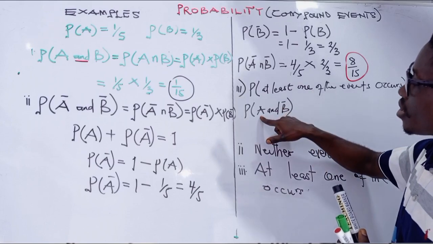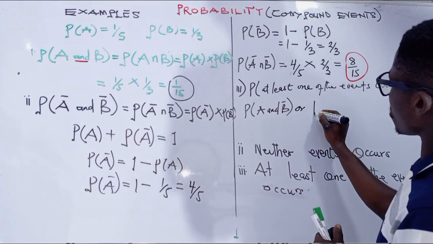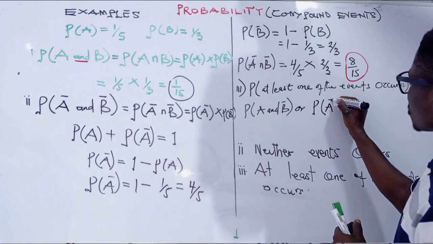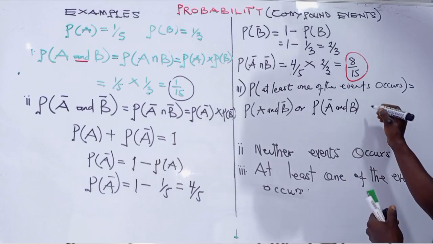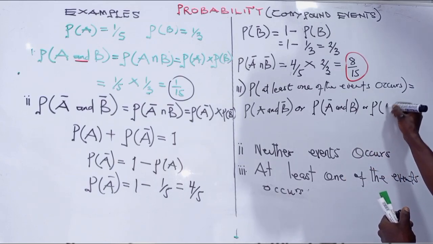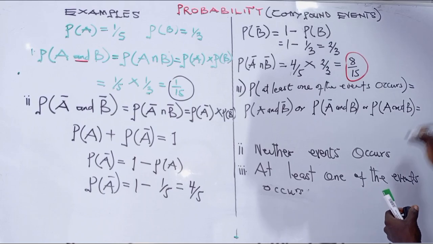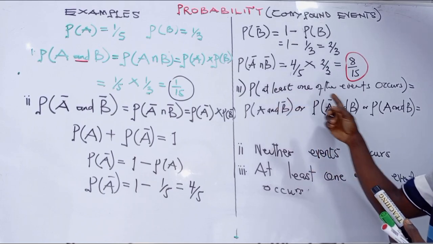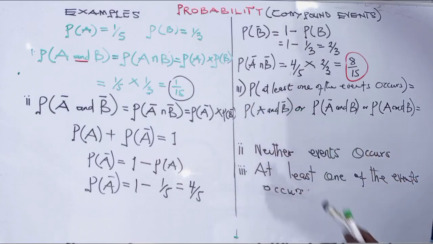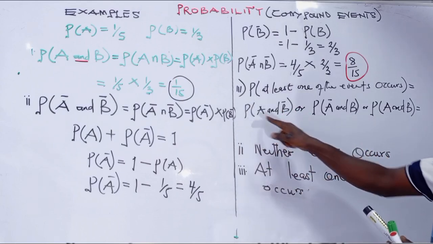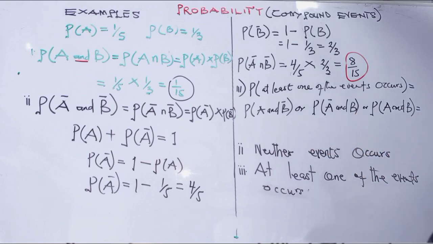So it is either A occurs and B doesn't occur, or the probability that event A doesn't occur and event B occurs, or the probability that event A and event B both occur, and that is going to give us at least one of the events occurring. In each of these cases, you can see that at least one of the events is occurring: A is occurring, B is occurring, and then both of the events occur.